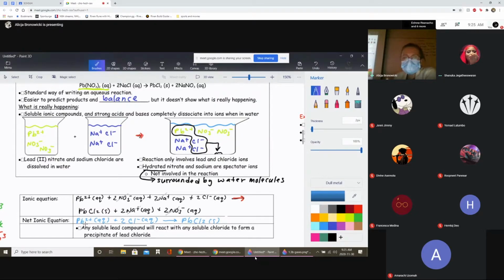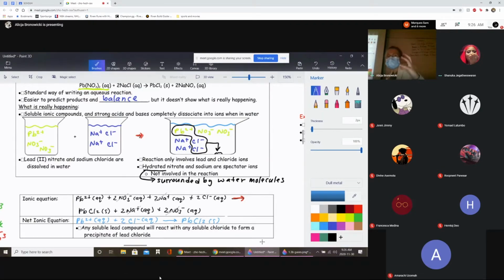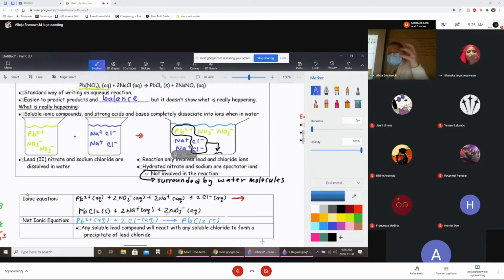It's basically saying any soluble lead compound that gives me Pb2+ will react with any soluble chloride, which gives me Cl-, to form a precipitate of lead chloride. I should say lead 2 chloride. Actually, no, don't put that 2 there. Your lead doesn't necessarily have to be 2. So that's when you get some of these reactions where it has aqueous.